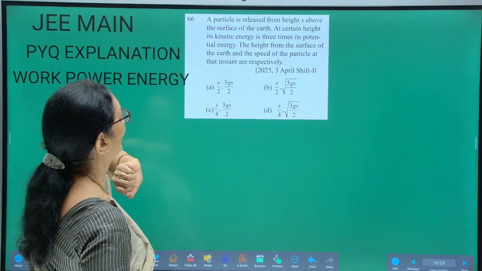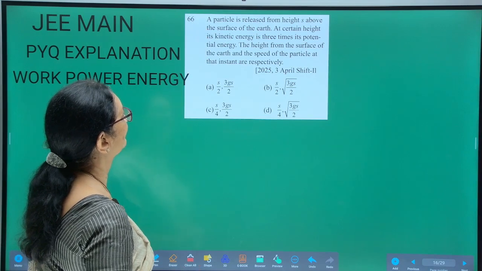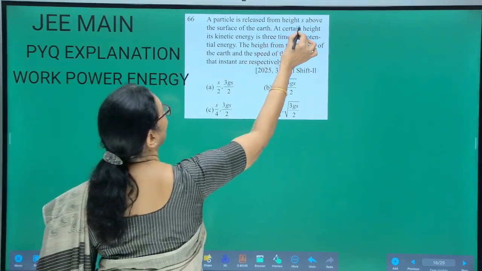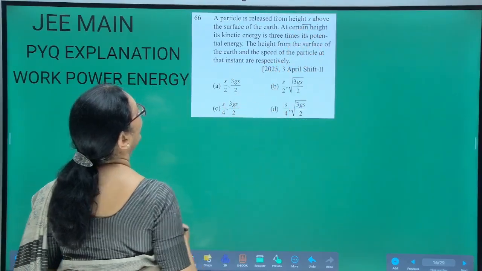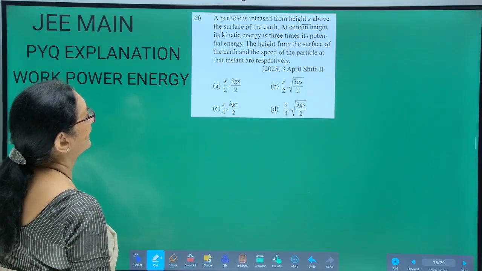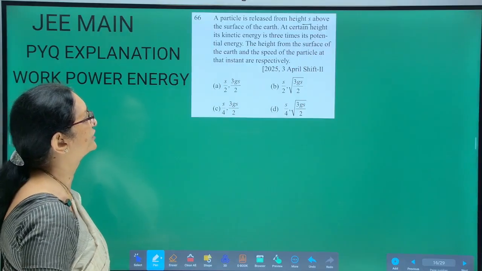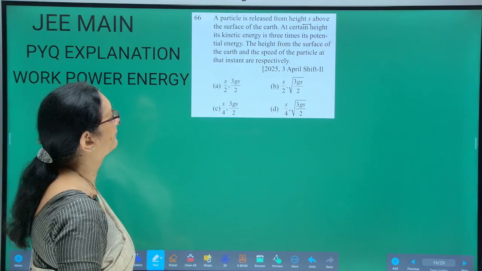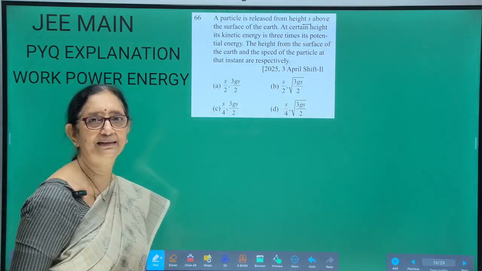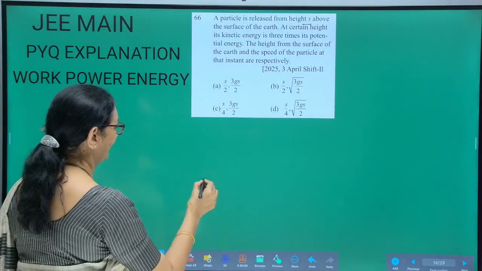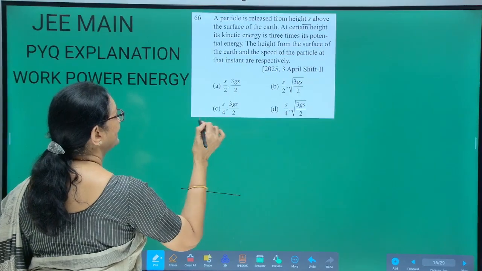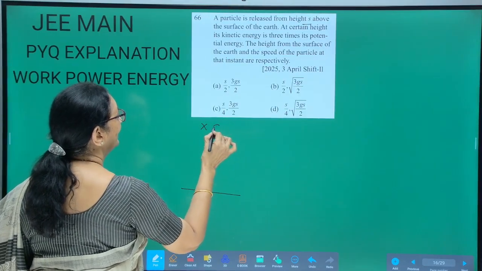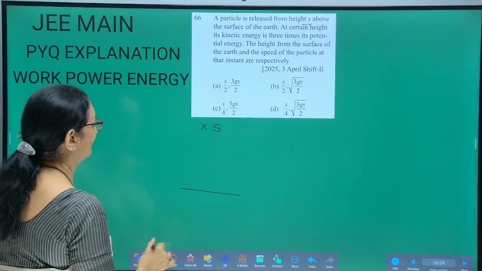Read the problem carefully. A particle is released from height S above the surface of earth. At a certain height, kinetic energy is 3 times potential energy. Find the height from the surface of earth and the speed of the particle at that instant respectively. So, let me note down the data. A body is released from a height S from the ground level.